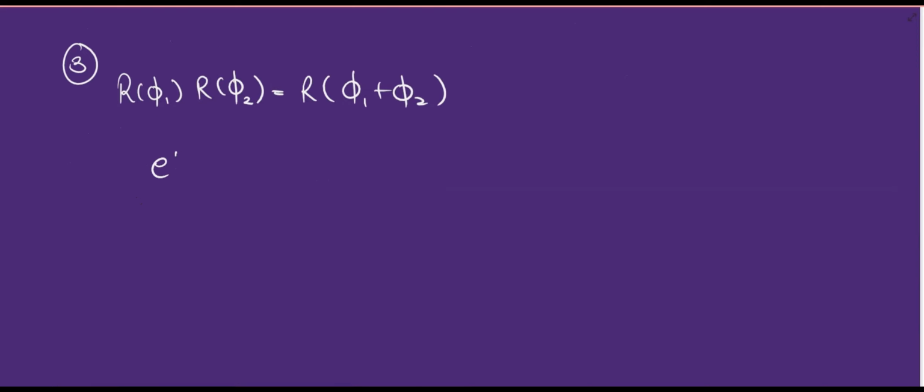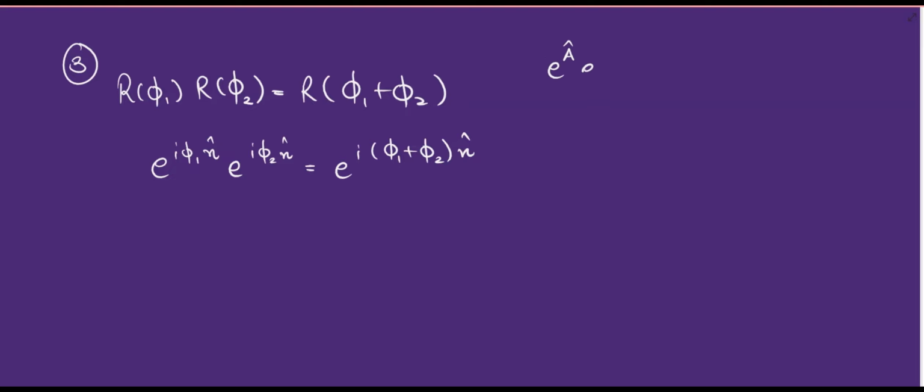This is e raised to i phi 1 n cap into e raised to i phi 2 n cap, which is equal to e raised to i (phi 1 plus phi 2) n cap. We use the Baker-Campbell-Hausdorff formula, and because n cap commutes with itself, this is the form that we will get. Let me just write what the Baker-Campbell-Hausdorff formula says.